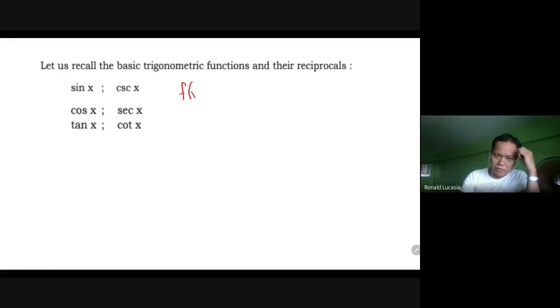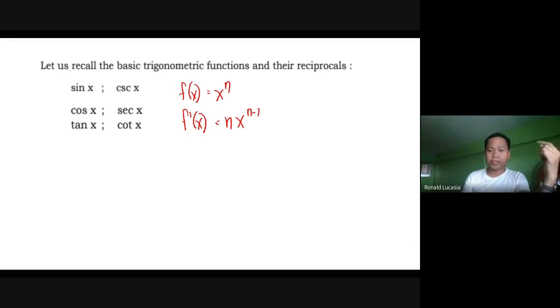So the derivative formula tells us how to get the derivative of a specific algebraic function. When you have f of x equal to x to the power of n, then the derivative is nx to the n minus 1. So we are going to derive a formula for the derivative of sine x only, because we don't have the luxury of time to derive the derivative of each of the basic trigonometric functions and their reciprocals.